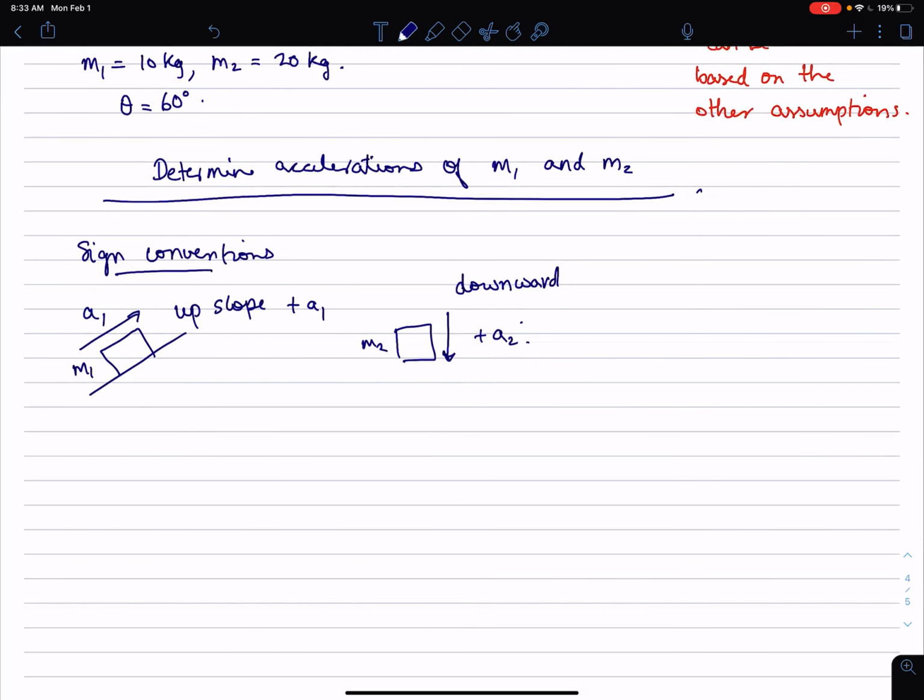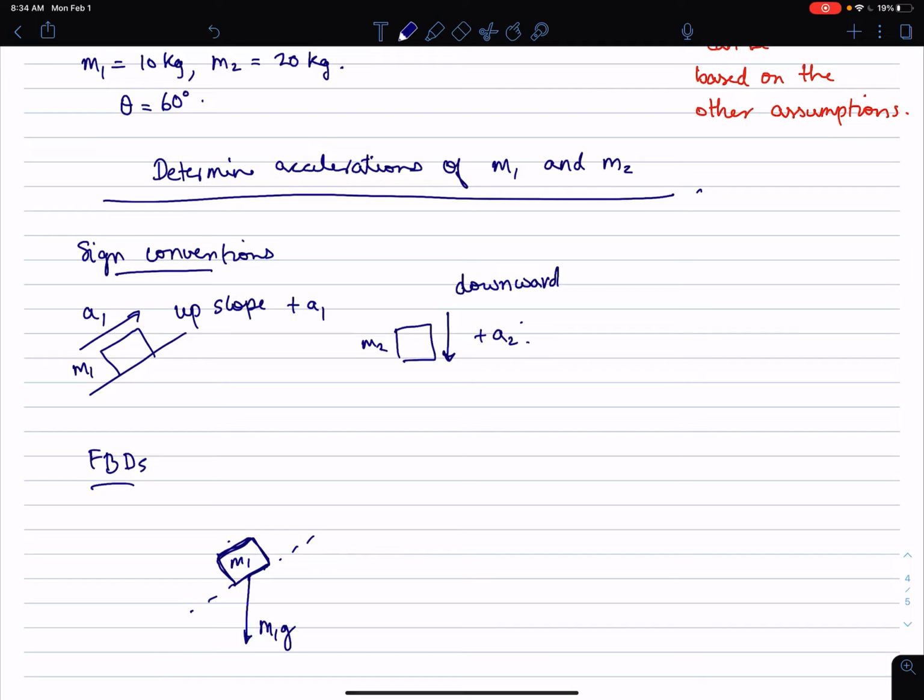Now the next step is to define the free body diagrams. When you're drawing a free body diagram, really all that should be there is the object itself. So that's the object, m1. And there's of course m1g downwards.